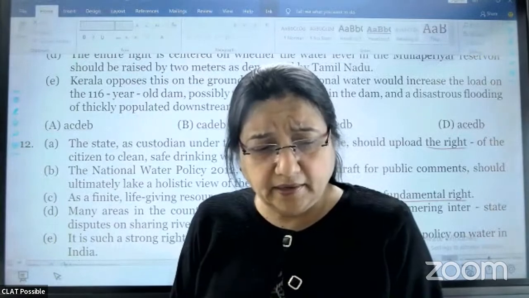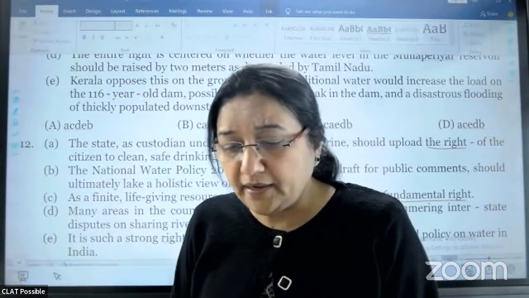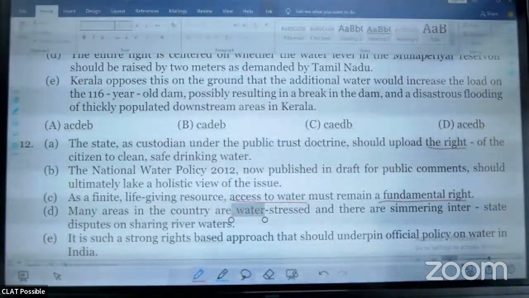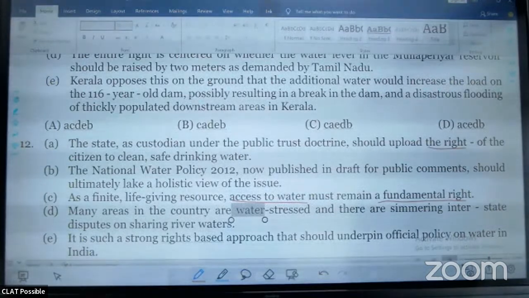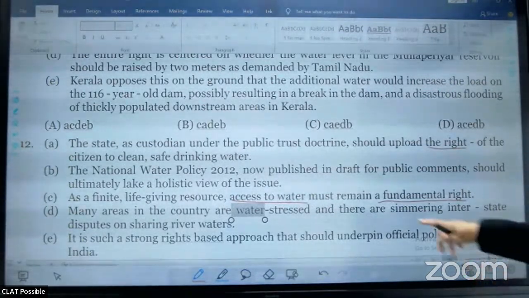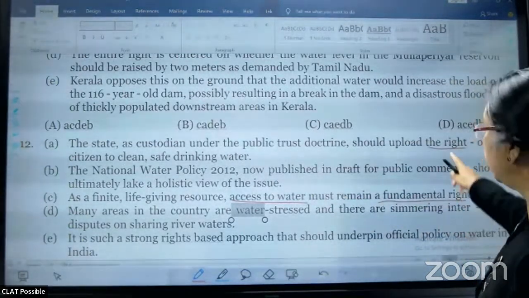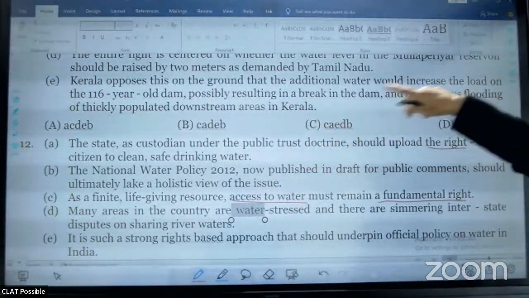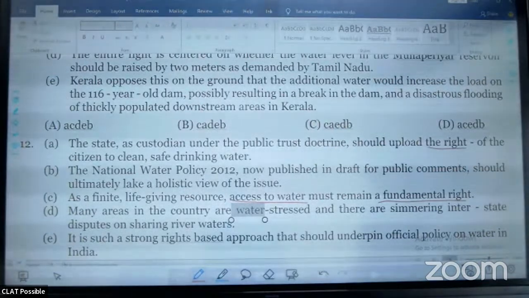I told you, you might have Mahatma Gandhi or you might have, now look at this: the state as custodian under the public trust doctrine should uphold the right of the citizen to access to water. My fundamental right. And the state should uphold the right of the citizen to safe clean drinking water.